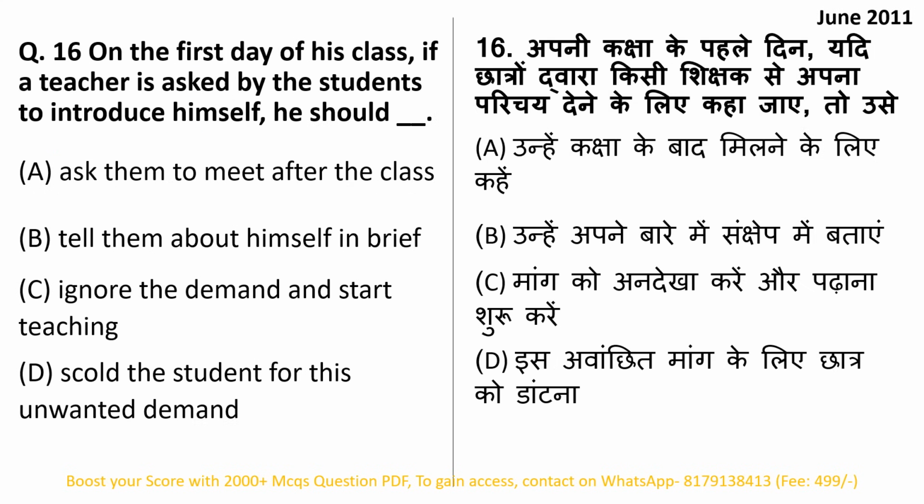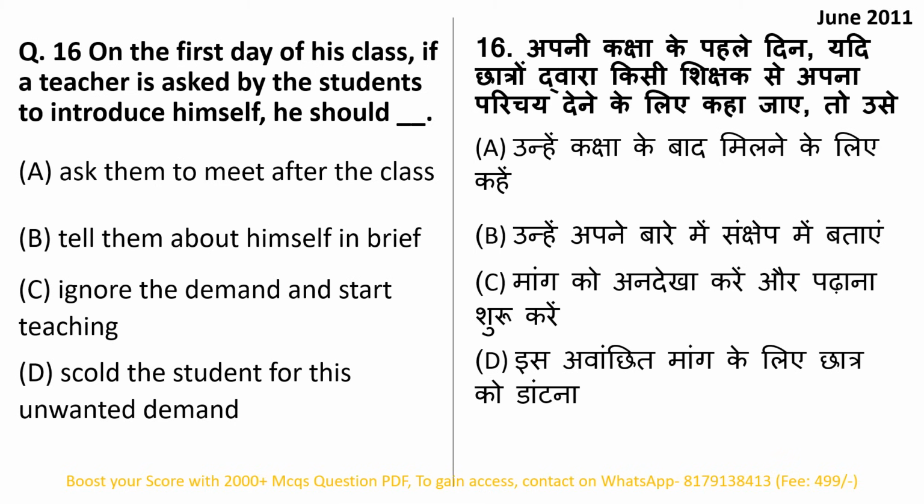On the first day of his school, if a teacher is asked by the students to introduce himself, he should... So this question is self-explanatory. The question is asking when the teacher goes to the school on his or her first day, and the students ask him to tell them about himself, what should he do?